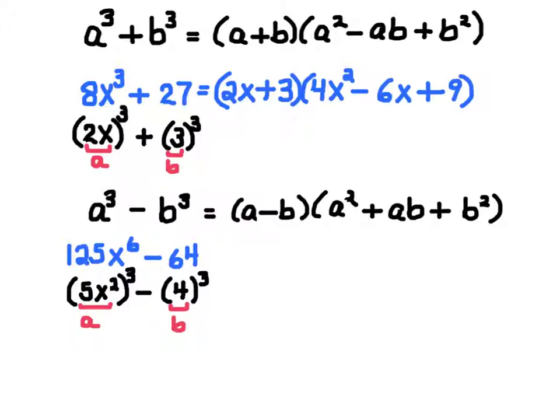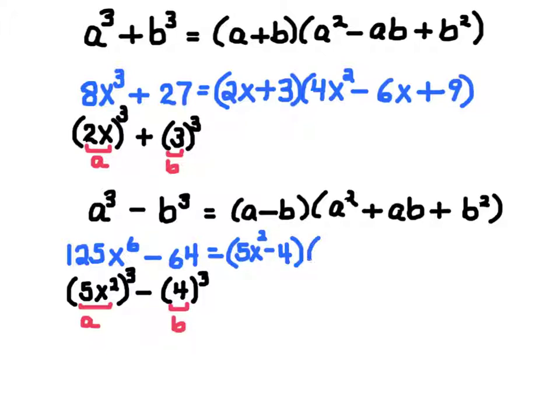Using the formula right here, which is how to factor the difference of two perfect cubes, we get the following. This difference of two cubes is equal to the difference of a, which is 5x squared, minus b, which is 4.